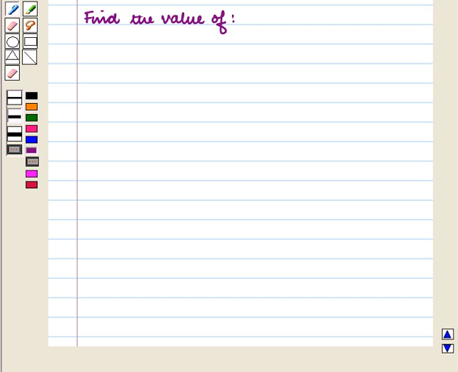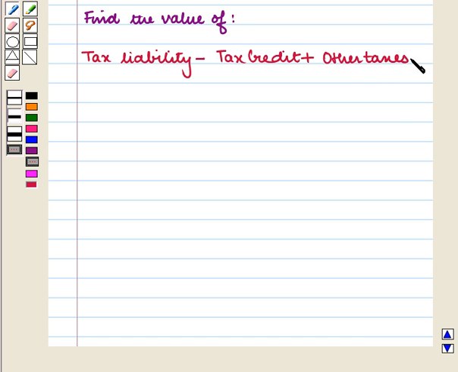After calculating tax credit, other taxes and payments, we find the value of tax liability minus tax credit plus other taxes minus payments.